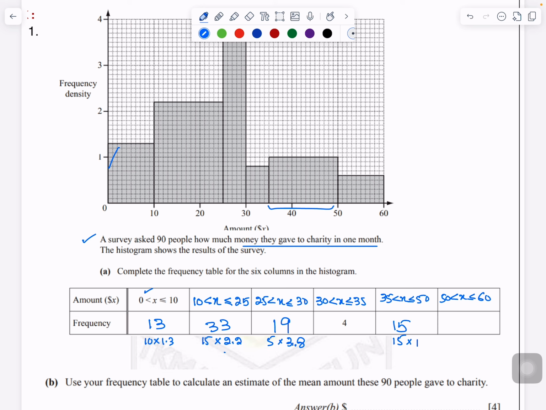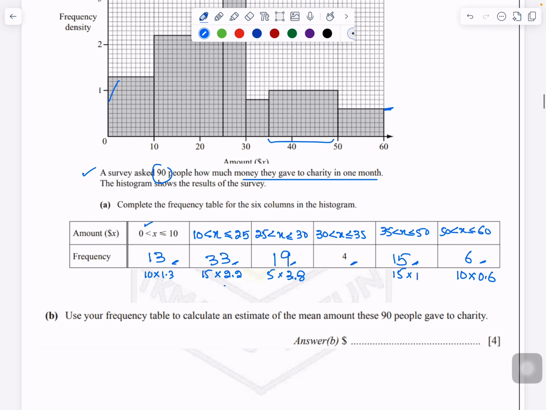Then 50 to 60 is 10. 10 units times, it is here 0.6. So it will become 6. So if you add up these numbers, the answer should be equal to what? 90. That will show you have calculated correctly. Okay, because the total should come to 90. So this is how you will complete your table.